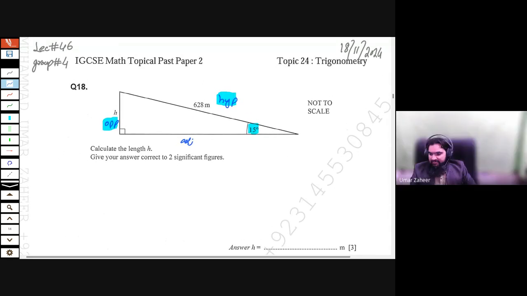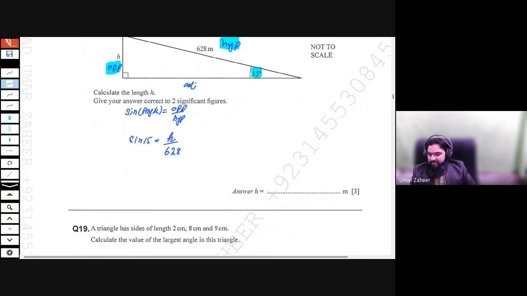Sine. We have to use sine because we know that the sine of the angle is equal to opposite over hypotenuse. So the angle is given, that is 15. We have to find the opposite. Hypotenuse is 628, so 628 is dividing here. On the other side, it will be multiply.